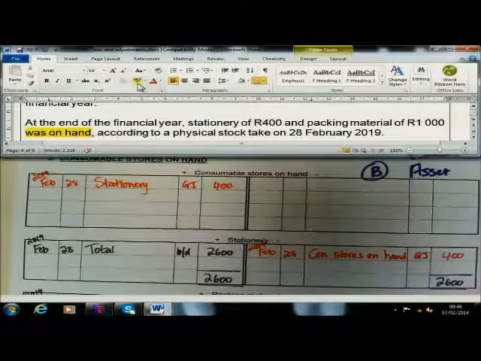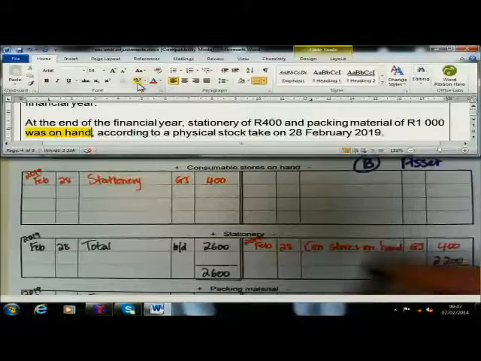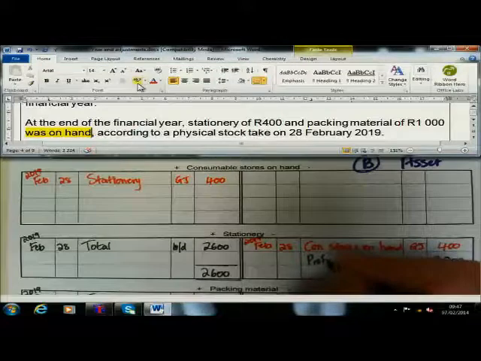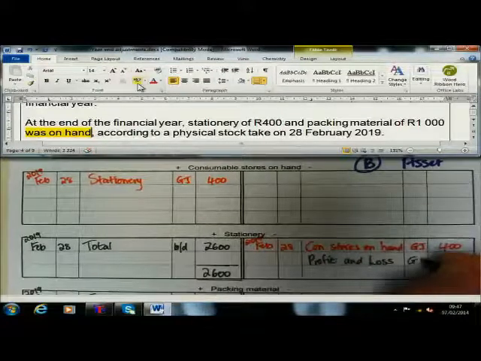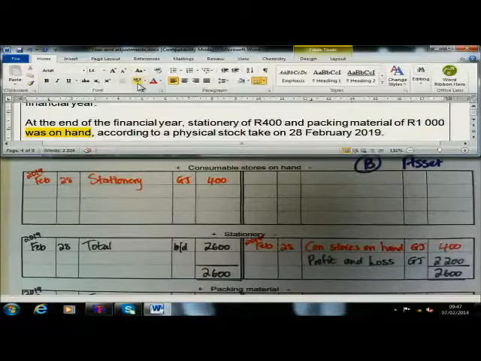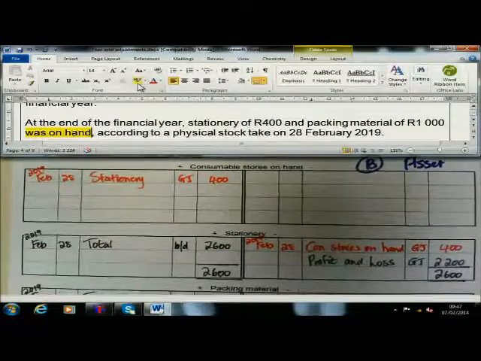So we basically used stationery throughout the year of 2,200, and that you're going to take to profit and loss. That's a closing transfer. You close your stationery off to profit and loss. So that amount is the amount that we used.